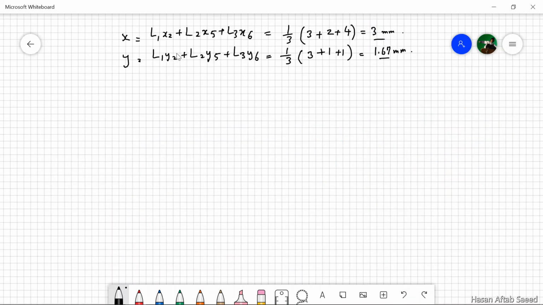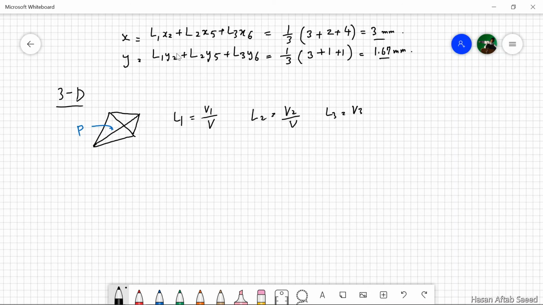When it comes to 3D coordinates, recalling that we have this sort of tetrahedron, and if we take a point inside P, then it will divide this into 4 volumes now, and the shape functions in this case will be L1 will be V1 over V, with V1 being the volume opposite I node, L2 is V2 over V, L3 is V3 over V, and L4 is V4 over V. And we'll have all those properties.